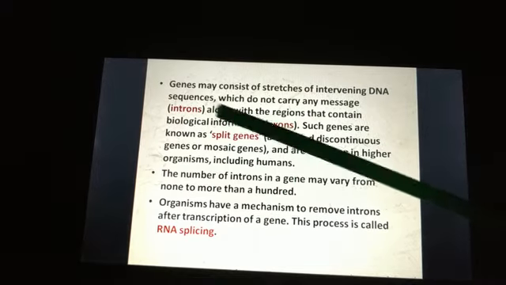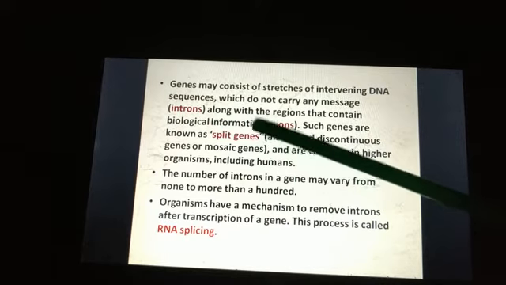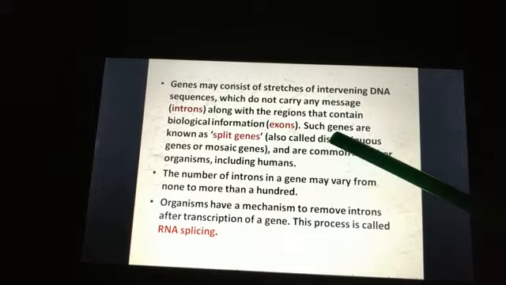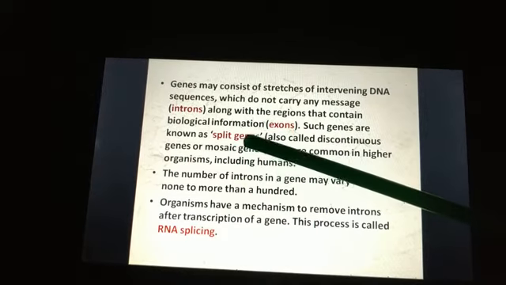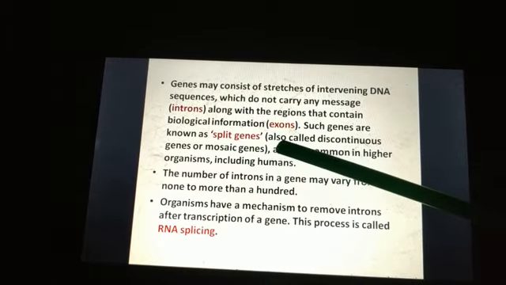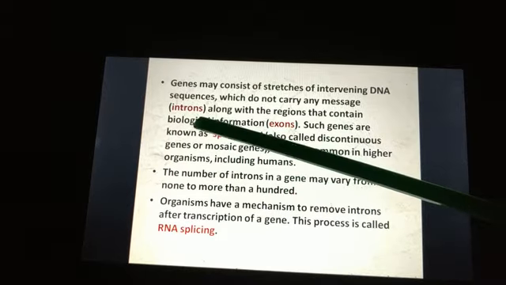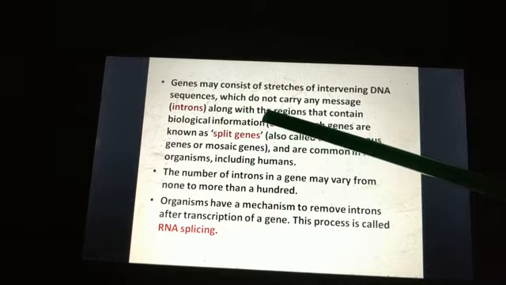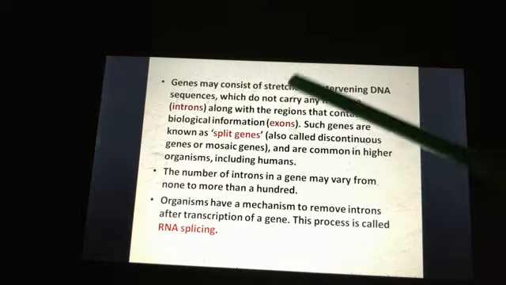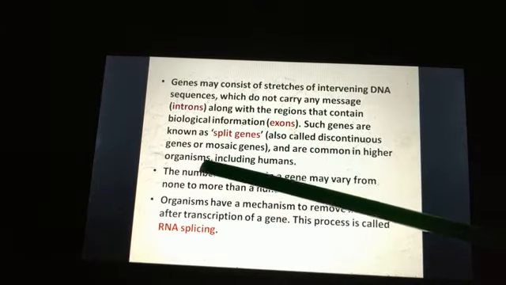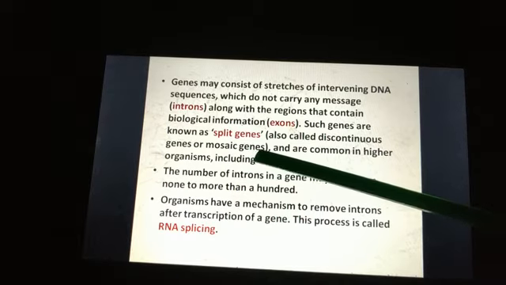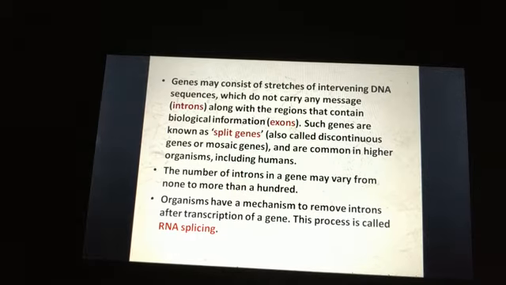And such genes, with introns along with exons, are known as split genes. They are also called discontinuous genes, because we will have introns, then exons, then introns, then exons, like that. You can also say mosaic genes, and they are common in higher organisms including humans.